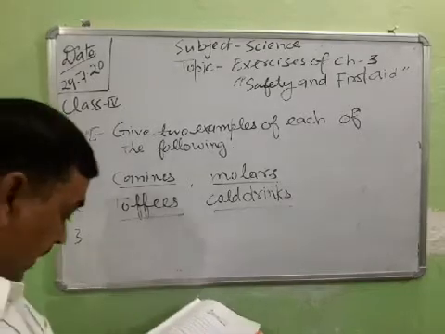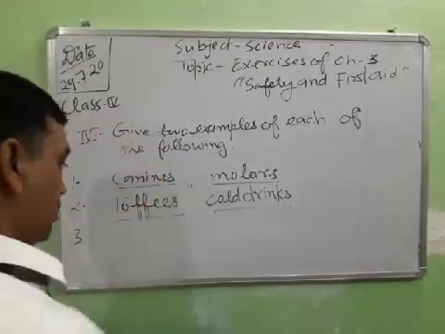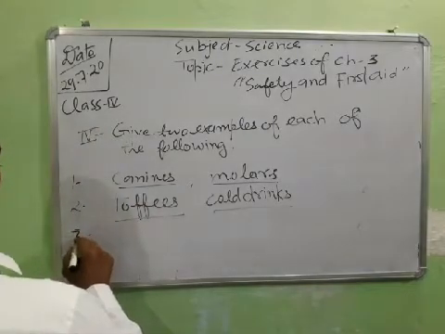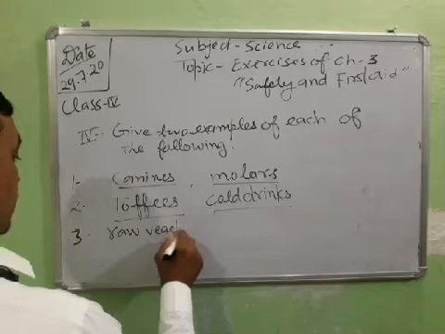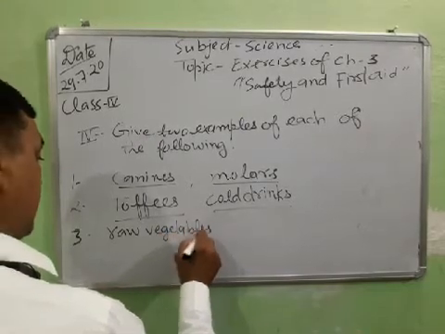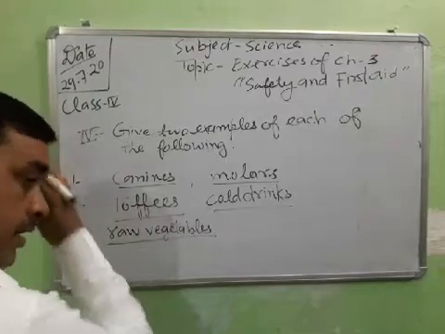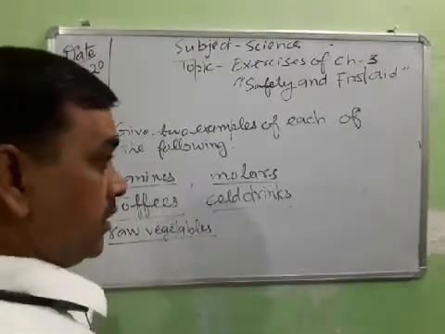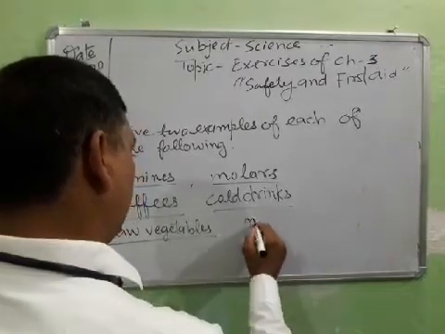Eatables that make the gums healthy. So eat raw vegetables, which make our gums healthy in a natural process, and milk.